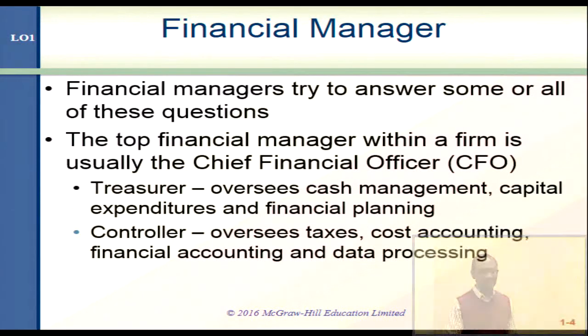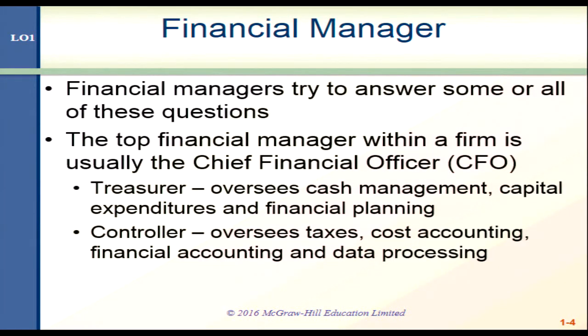The controller looks at the taxes or the cost accounting, financial accounting, and also data processing of the organization. So these are all the other aspects which has to do with cost management and also data collection and data processing, which relates to financial management of an organization.